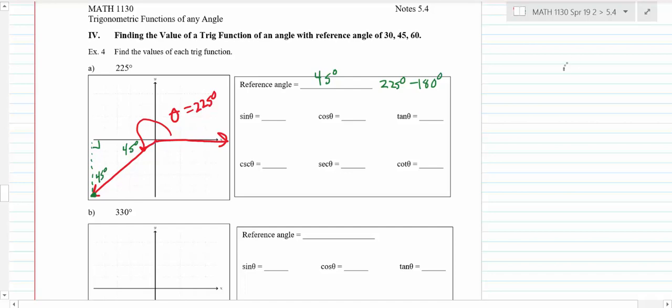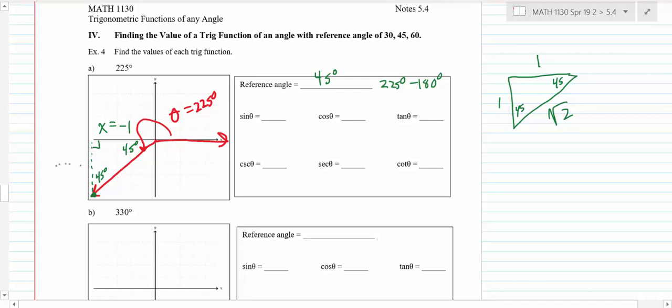What you want to remember, and my video in 5.3 basically goes over this, is that in the 45-45 right triangle, the sides can always be broken down into 1, 1, square root of 2. So it goes like this. This x value would be -1, because you're in quadrant 3.